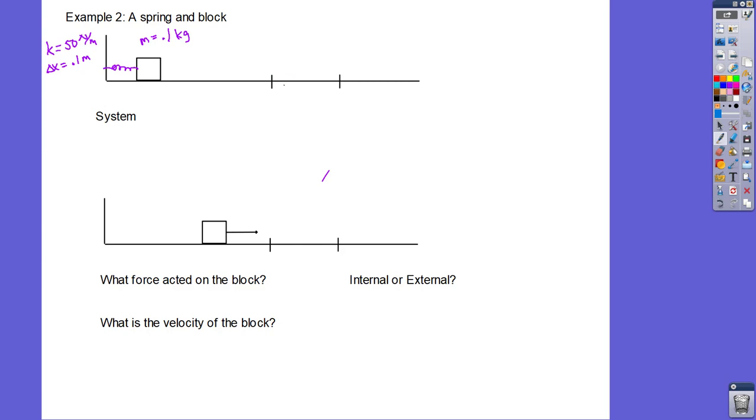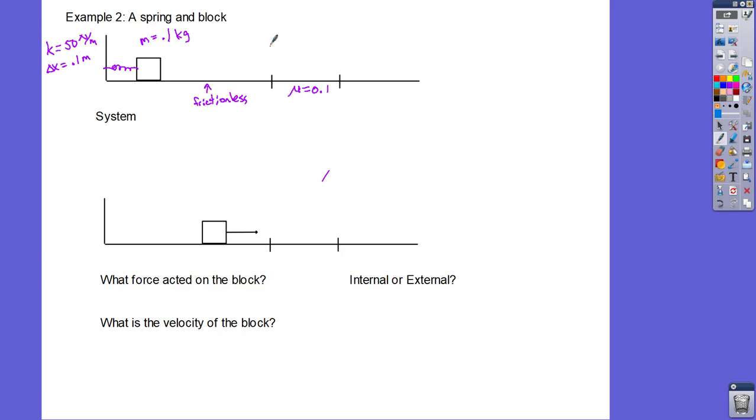And so if we look at this system here, this is frictionless, except for this part where there is a coefficient of friction equal to 0.1.